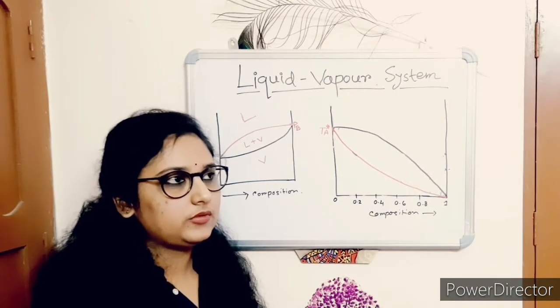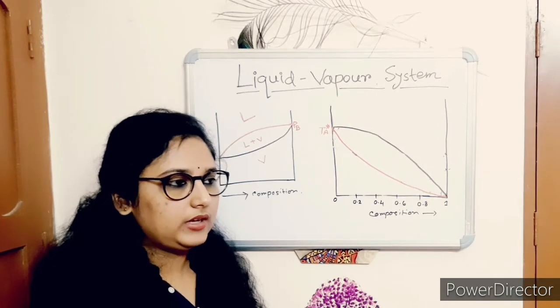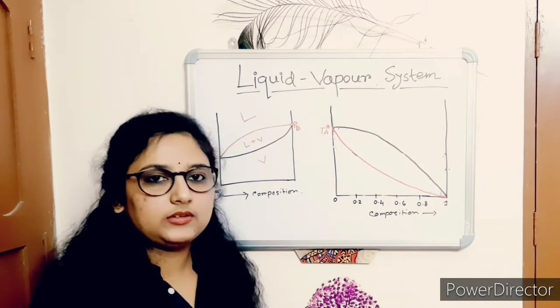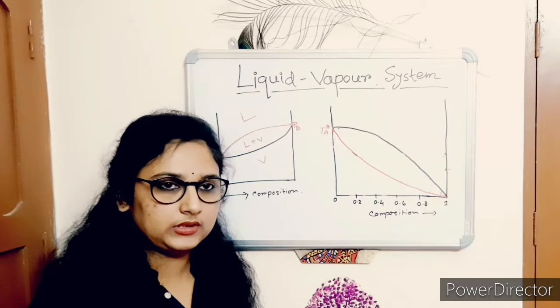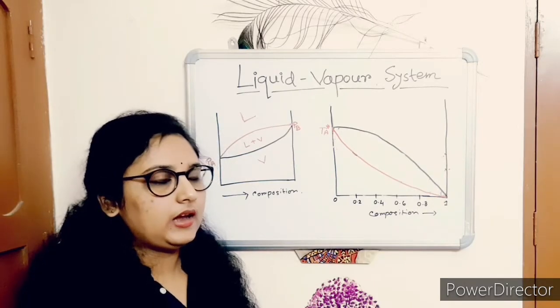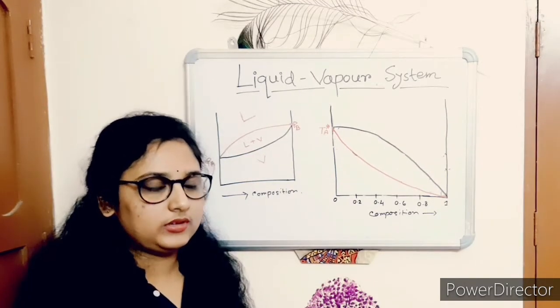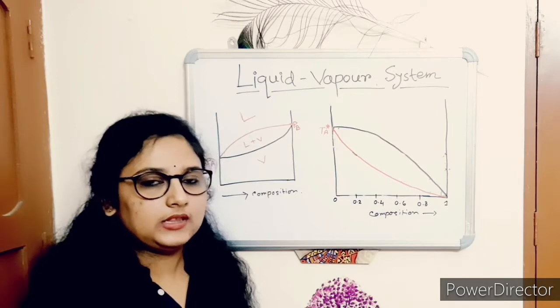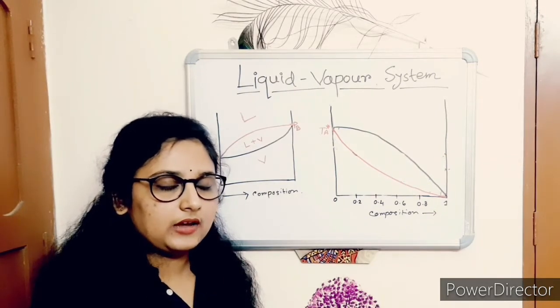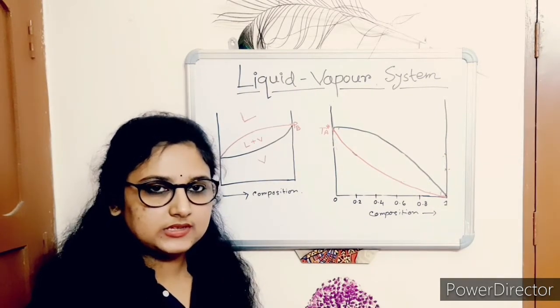But in the case of a fully miscible solution, when two liquids are mixed together, they form a homogeneous solution.